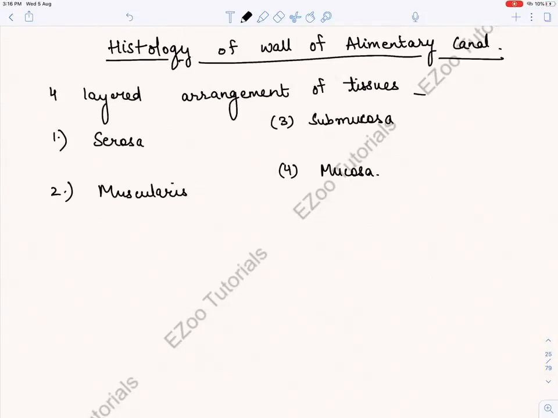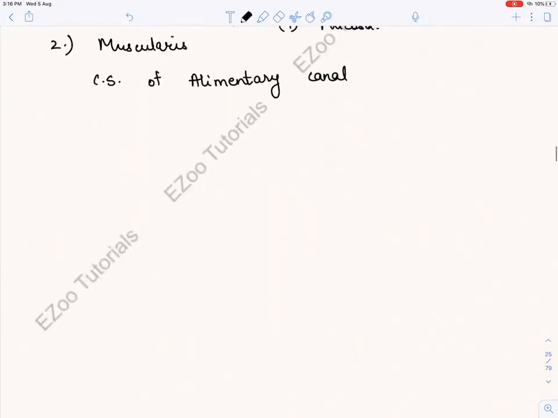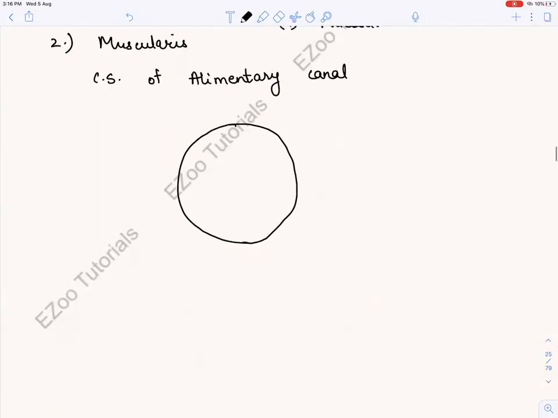So if we just draw a cross section of alimentary canal and try to draw all these four layered arrangement of tissues, what will it be like? If we draw a cross section, it will be circular. It becomes serosa, the outermost layer. Then we said there is muscularis. So generally there is outer longitudinal and inner circular.